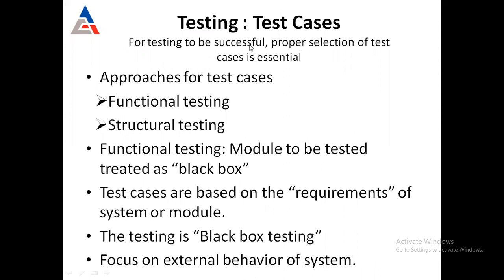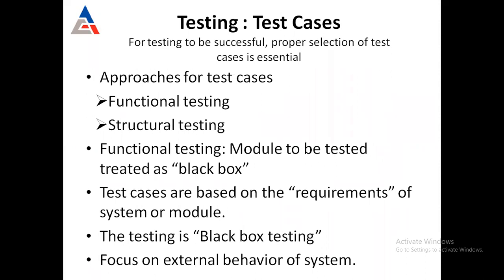For testing to be successful, proper selection of test cases is essential. The approaches for test cases are functional testing and structural testing. Under functional testing, we have the module to be tested treated as a black box. Black box means that you give the input and check the output. If the output is as per the input and giving the proper result, it means the black box testing is successful.